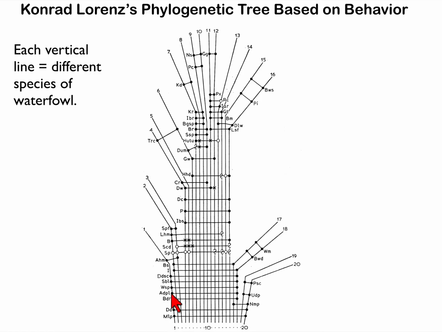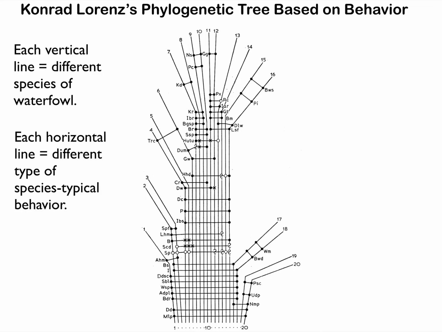So there's one species there, there's another species there, right on up, and so on and so forth. Each horizontal line is a different type of species-typical behavior. It might be a courtship display, it could be an aggressive display, it could be any kind of species-typical behavior.